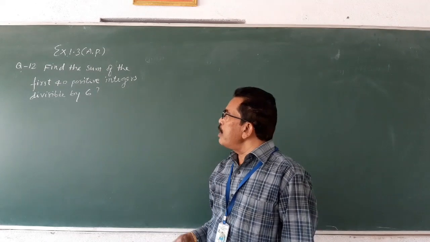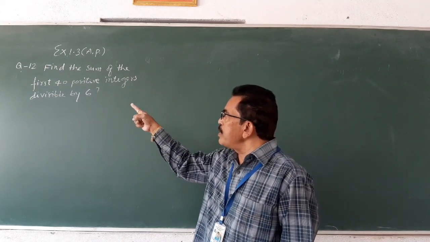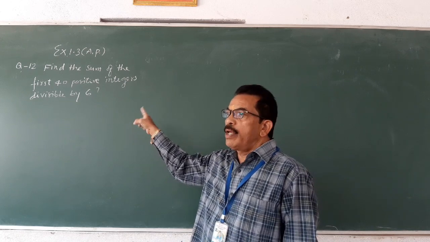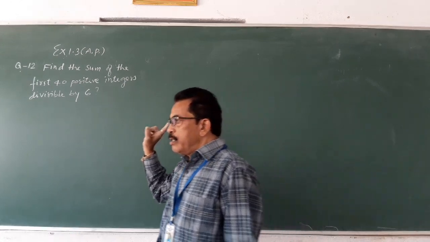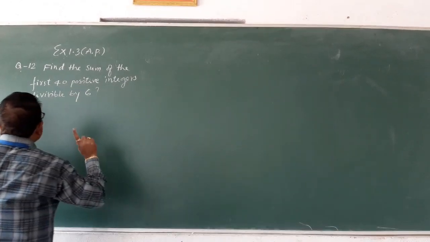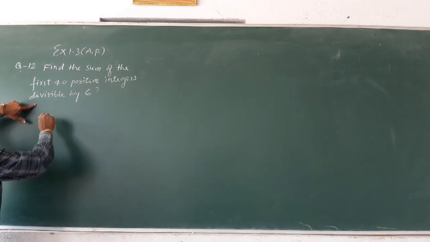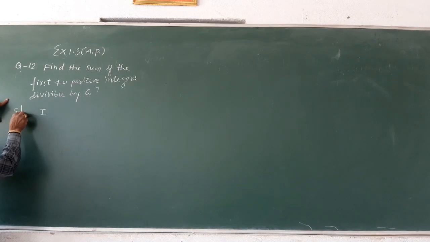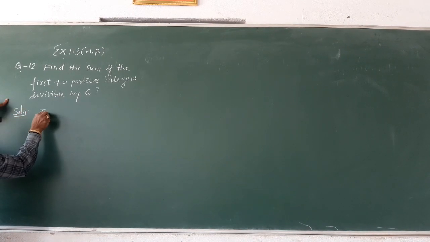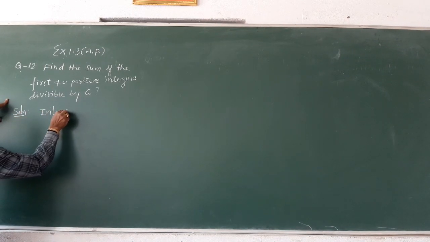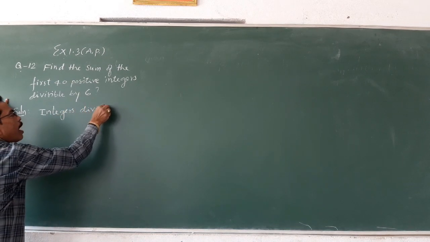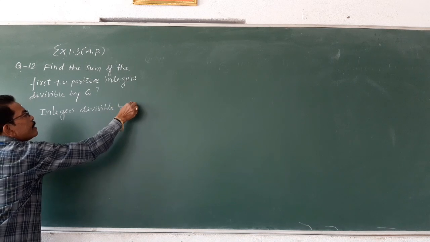The 12th question, find the sum of the first 40 positive integers divisible by 6. The integers should be divisible by 6. So the solution: integers divisible by 6.